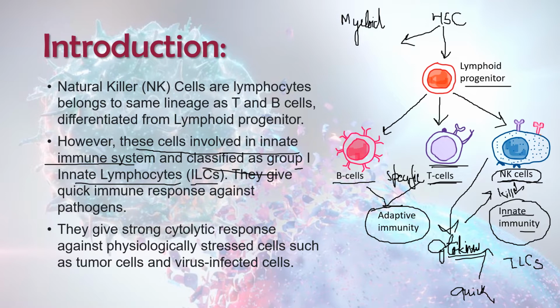Both T cells and NK cells form the same types of cytokines, so they both are involved in the process of cytolysis or cytotoxic process. They give strong cytolytic responses against physiologically stressed cells. Physiologically stressed cells means cells which are not normal. These cells may be tumor cells or virally infected cells.